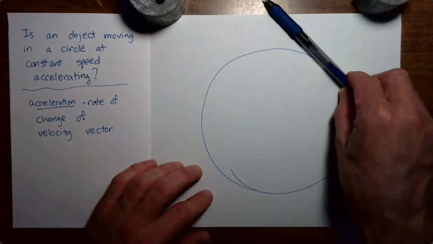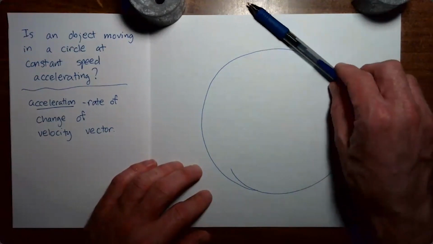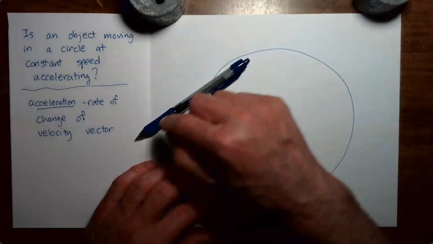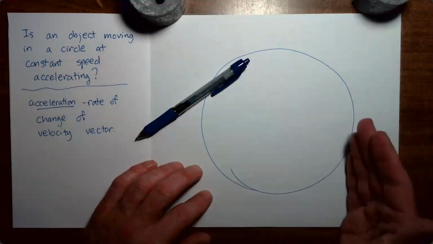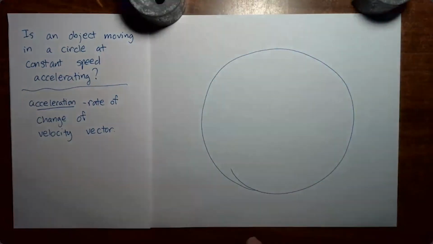When my fingers are at this position on the circle, the velocity vector is pointing like so. When my fingers are at this position, the velocity vector is pointing like so. The velocity vector did change. It went from pointing this way to pointing this way. So an object moving in a circle at constant speed is, in fact, accelerating.